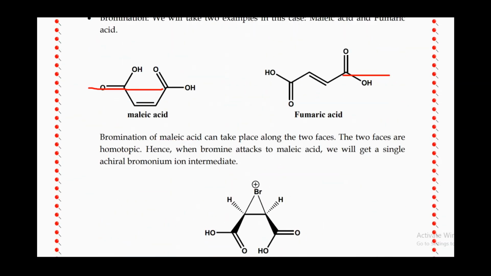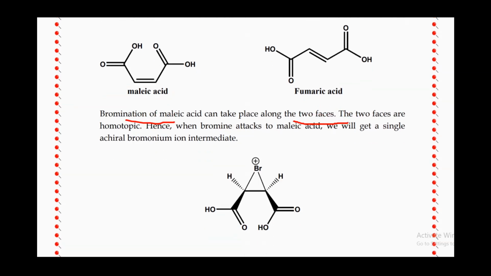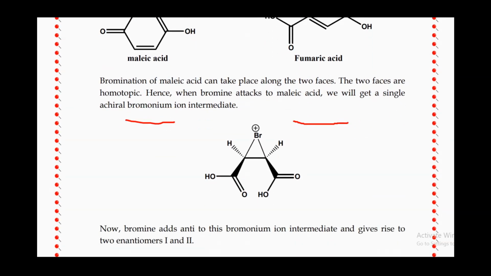As you can see here, we have the maleic acid and the fumaric acid. In the maleic acid, the two COOH groups are cis to each other, and in the fumaric acid, you have the two COOH groups which are trans to each other. Now, addition of the bromine to this maleic acid can take place along the two faces.